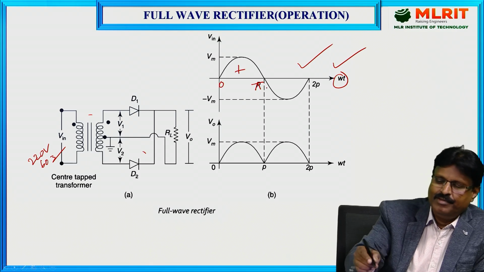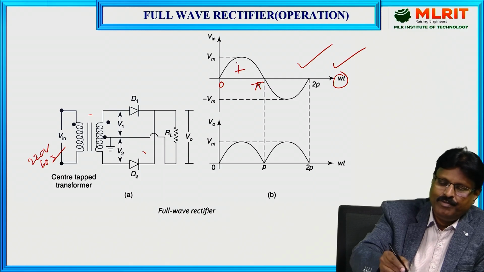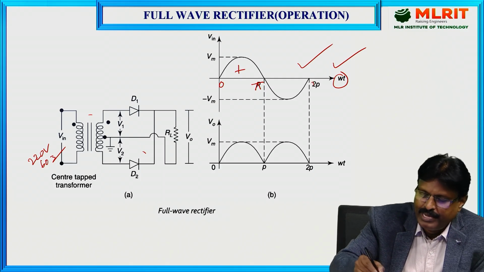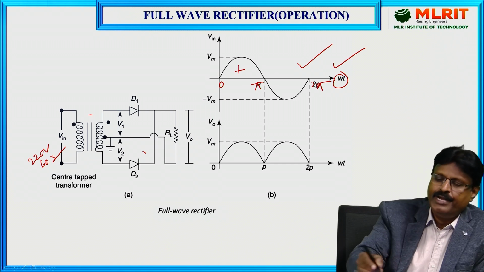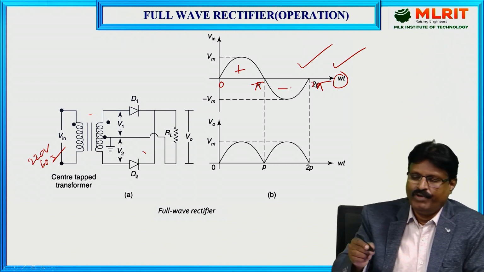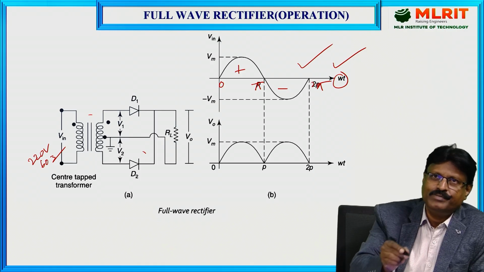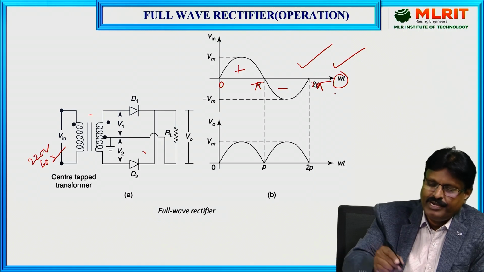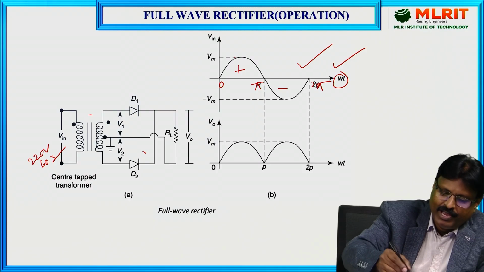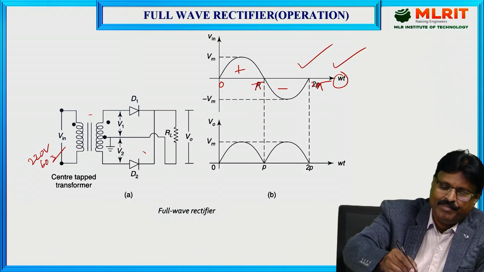When omega t is between 0 and pi, we call it the positive half cycle. When omega t is between pi and 2 pi, it is the negative half cycle. And Vm is the peak value of this AC voltage.